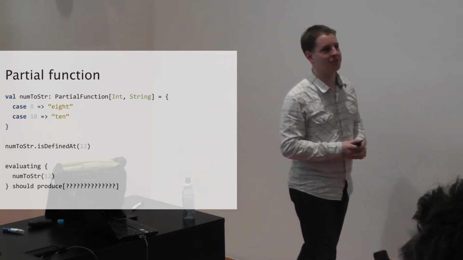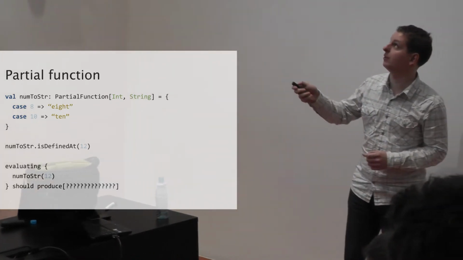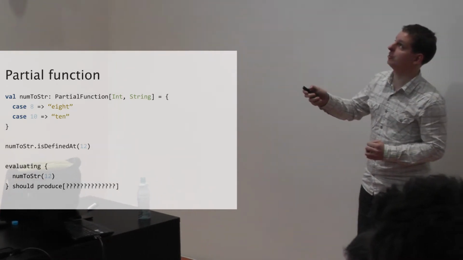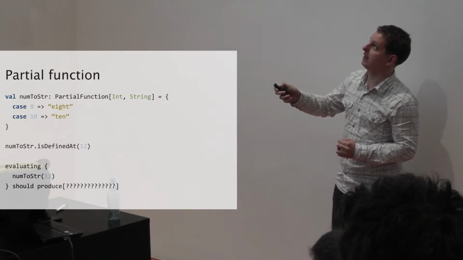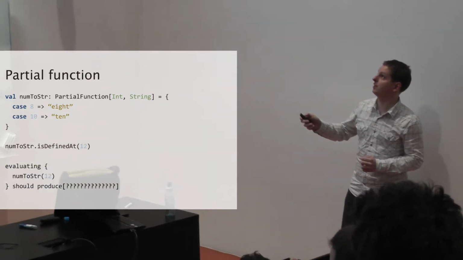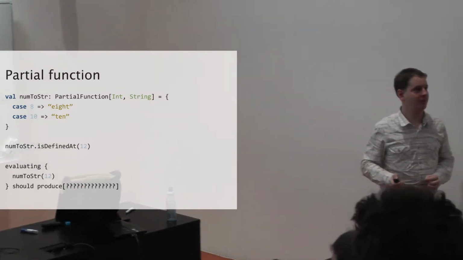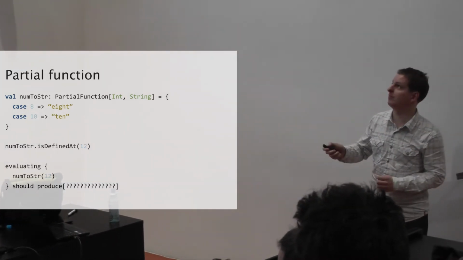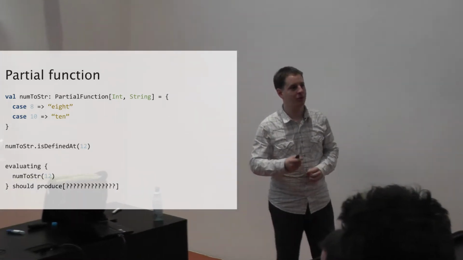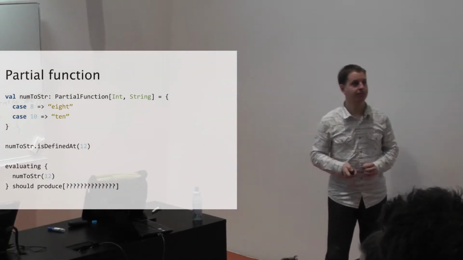Yes, it is not defined for each possible value of its parameters. So this is a partial function that takes a parameter of integer and returns a string. But this particular function can accept only values 8 and 10. It's defined only for these two values.